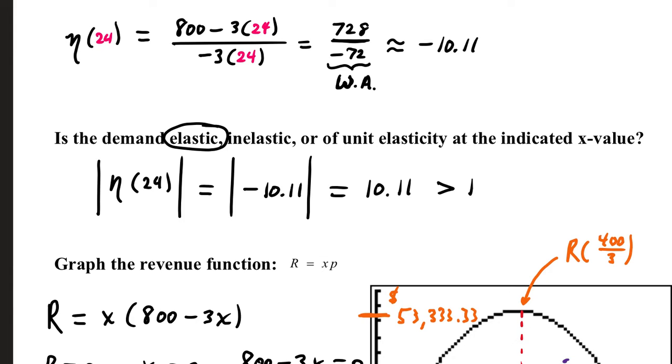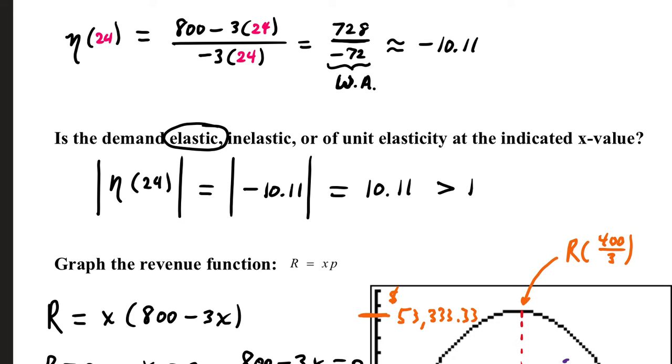For that one, you take the absolute value of your answer, either the fraction or the decimal approximation. You take the absolute value, and that is greater than 1. So that tells us that the demand is elastic. Dropping price could result in an increase in demand.